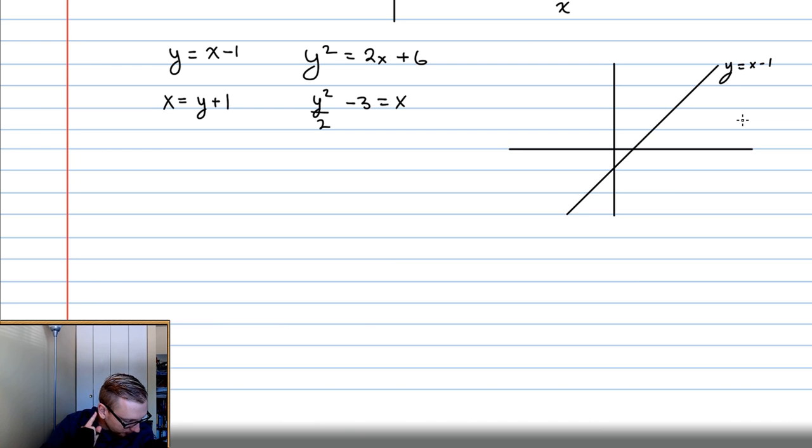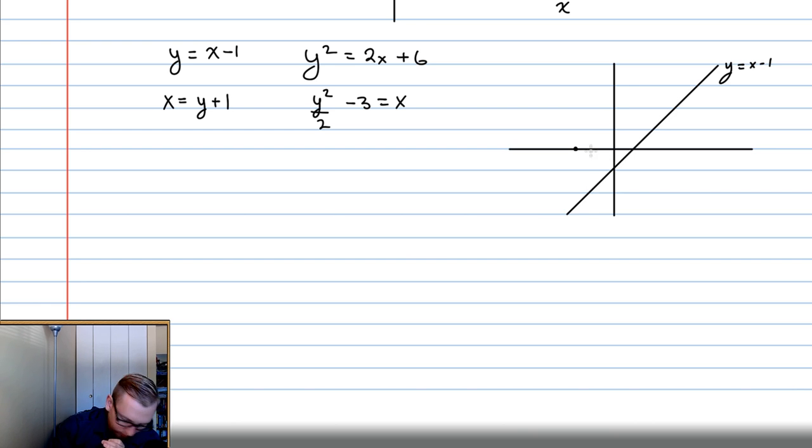Now the other one. This would be minus 3 dropped on the x-axis. So if we think in terms of rotating, if we looked at it the other way, minus 3 in the drop would be somewhere over here. And then y squared over 2 would be moving positive in the x direction, and it would have a reduced slope.